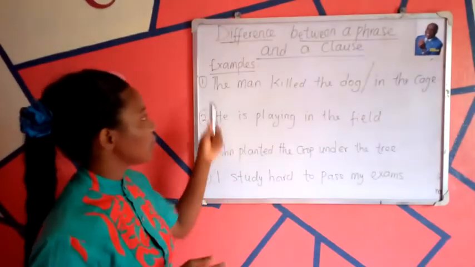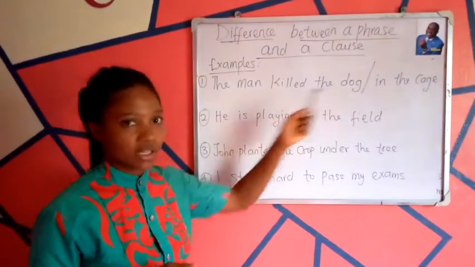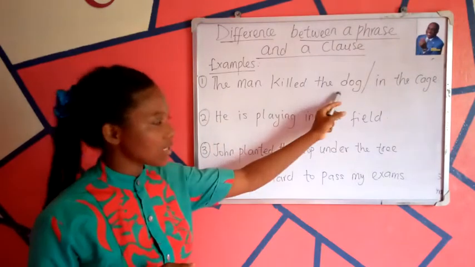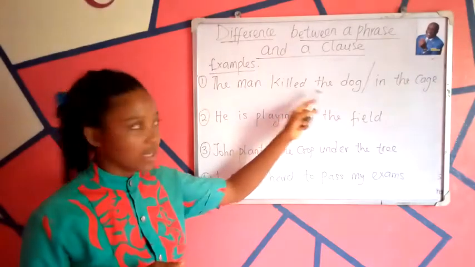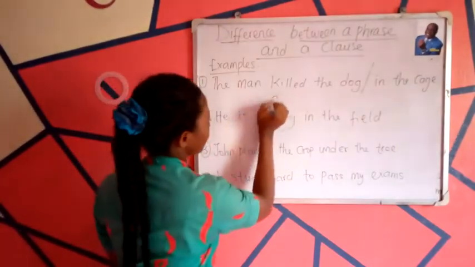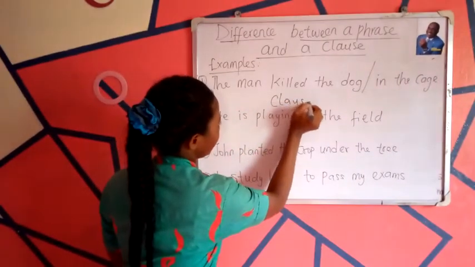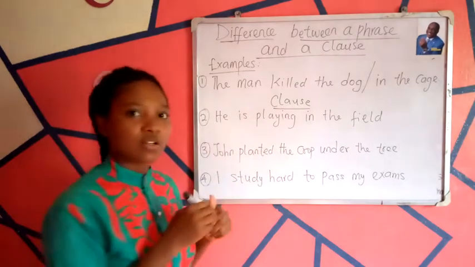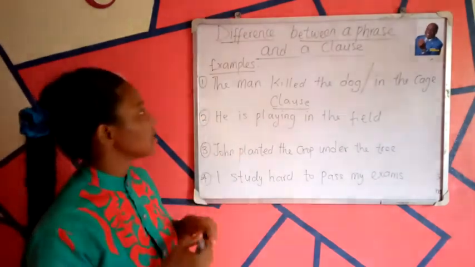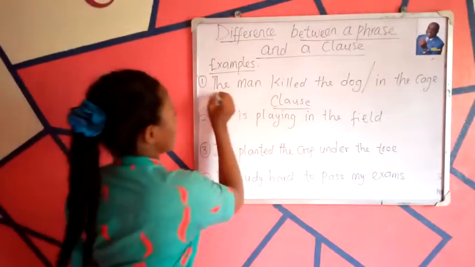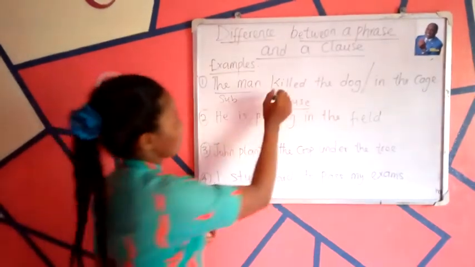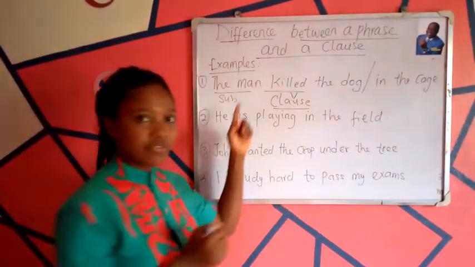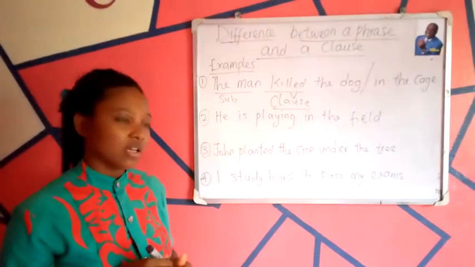This particular part is the clause. Why do we say it's a clause? Because it contains the subject and the verb, just like we explained initially.